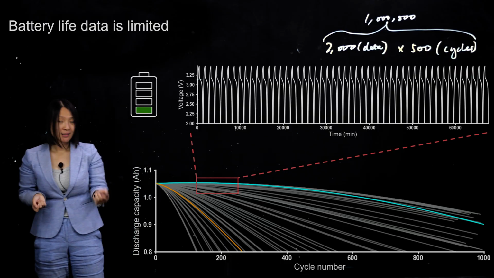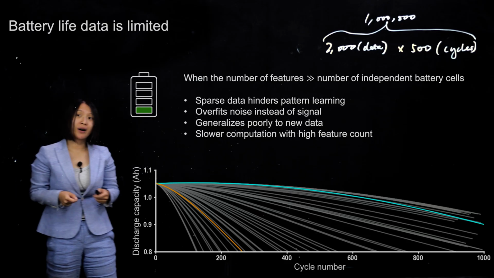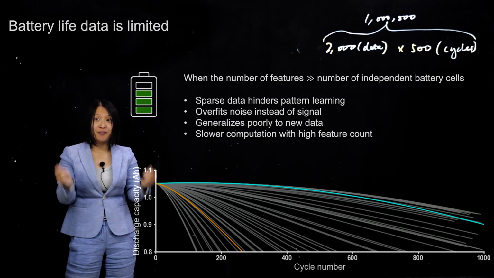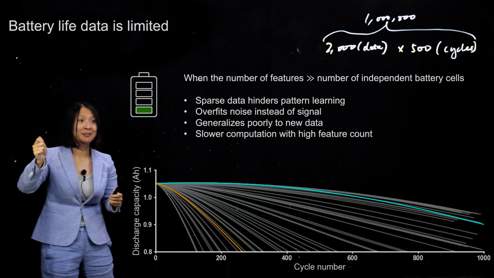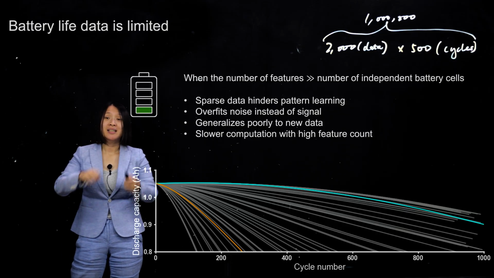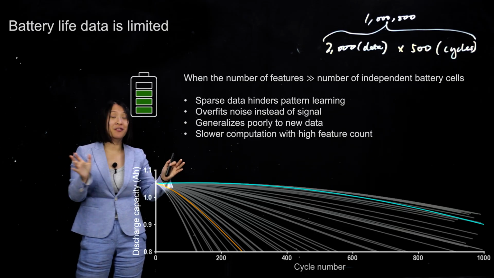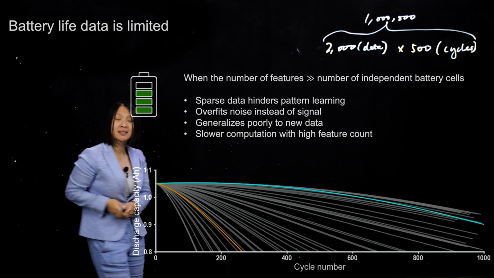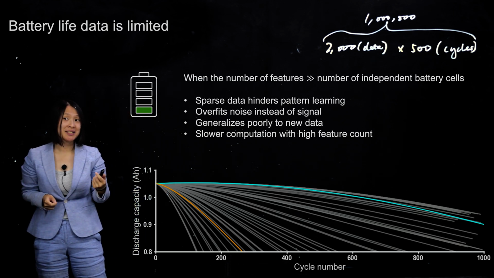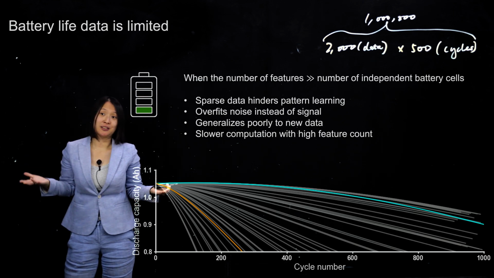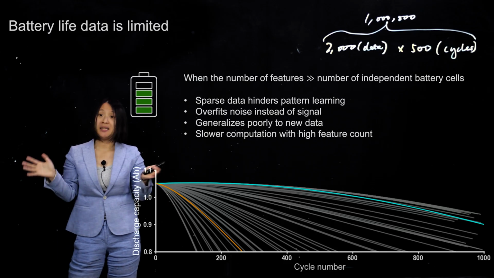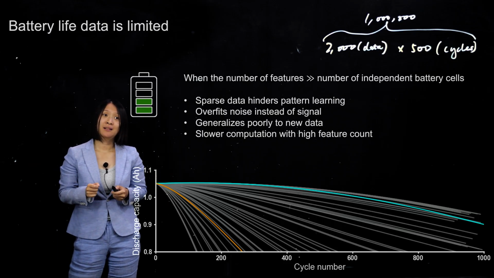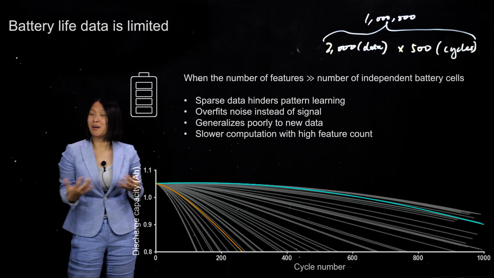So in this case, we are in a situation where the number of features, or the number of dimensions of our input data from one battery, is much larger than the number of independent battery cells. Here we are in a situation in machine learning that you can refer to as the curse of dimensionality. In this high dimensional input feature space, our data is very sparse.